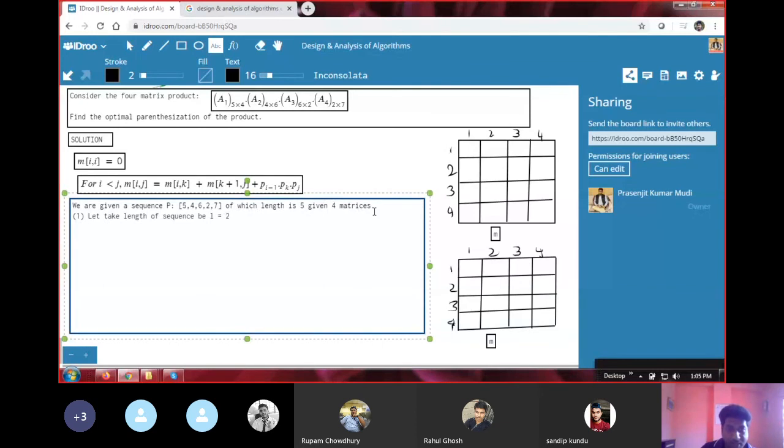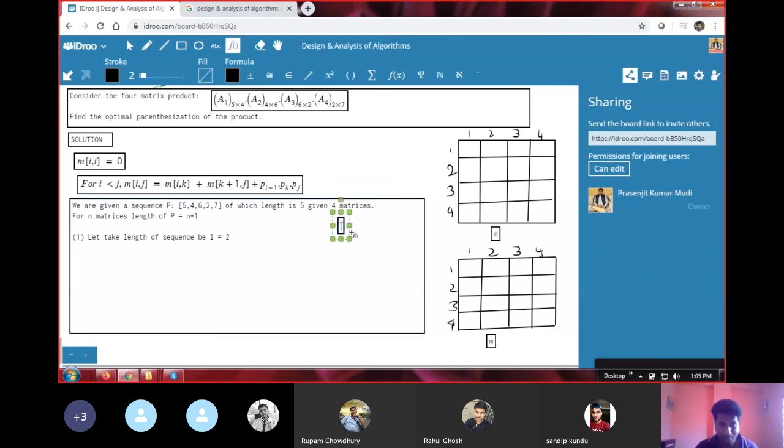If we are given n matrices, the length of P will be equal to n plus 1. Fine.